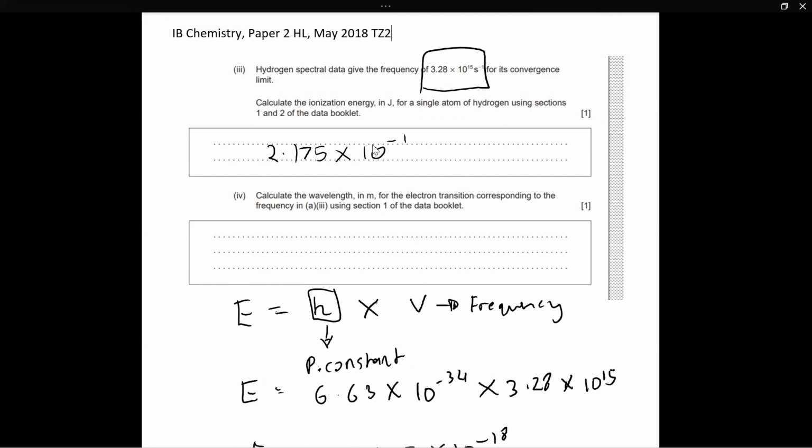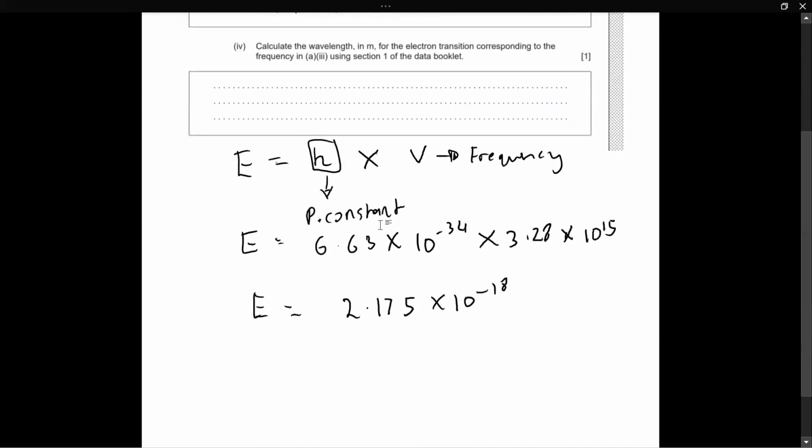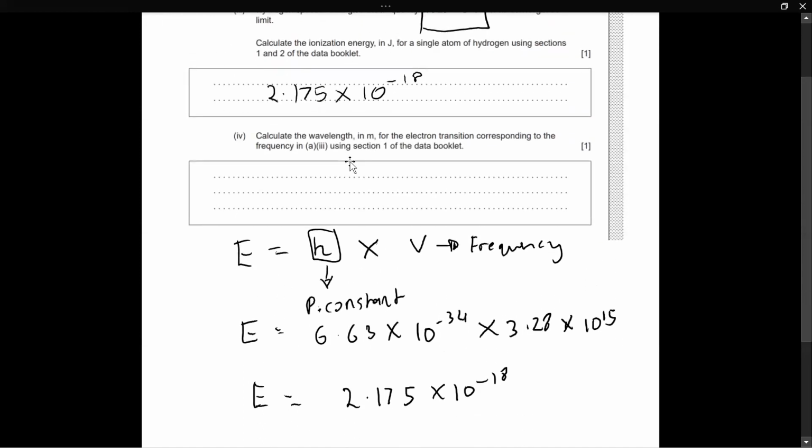Now let's look at the next part, which may seem a bit more complicated, but it actually isn't. It also only requires us to use one equation. They've asked us to calculate the wavelength in meters for the electron transition responsible for the frequency in part A, using section 1 of the data booklet.